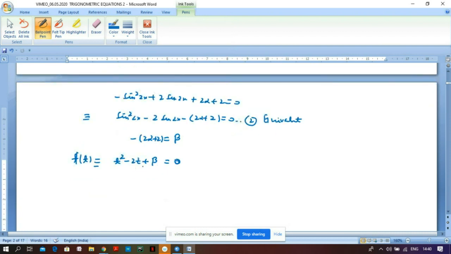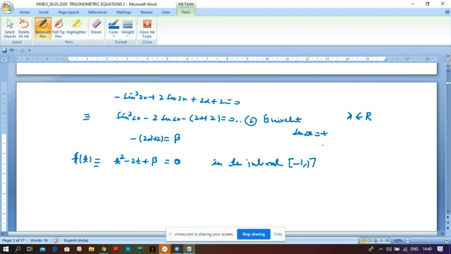So find all betas such that this equation has at least one root in the interval -1 to 1, because you have assumed sine 2x equal to t. X can range all over R, but sine 2x is not allowed to.